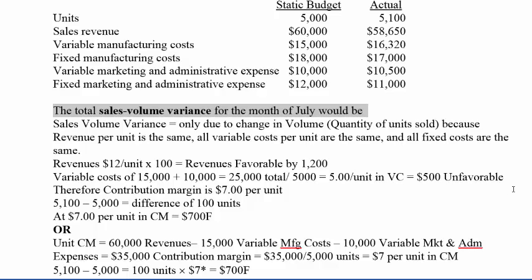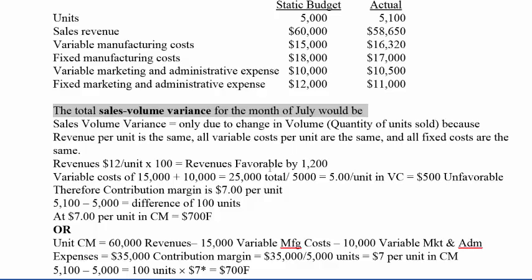So if you go and calculate, our revenues would have been favorable by $1,200 because there were 100 extra units sold at $12 apiece. And then our variable cost could be calculated by adding up the variable manufacturing cost shown in the static budget. So we've got $15,000 in variable manufacturing cost and $10,000 in variable marketing and admin.